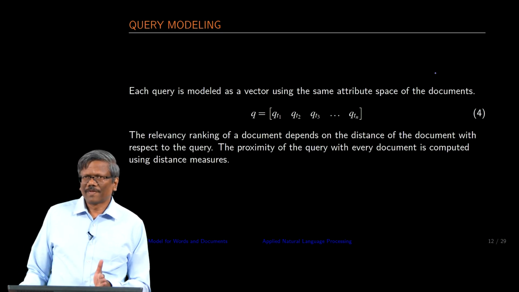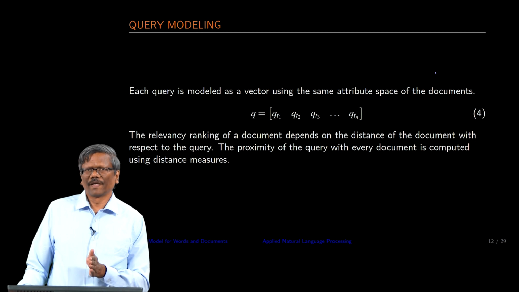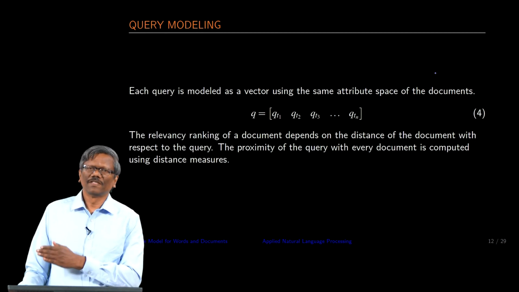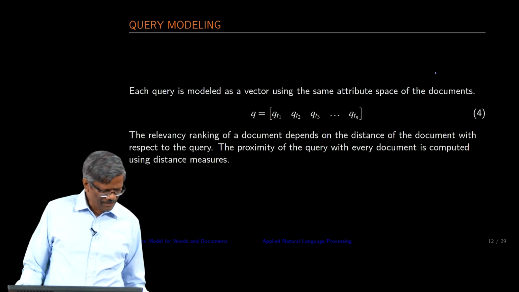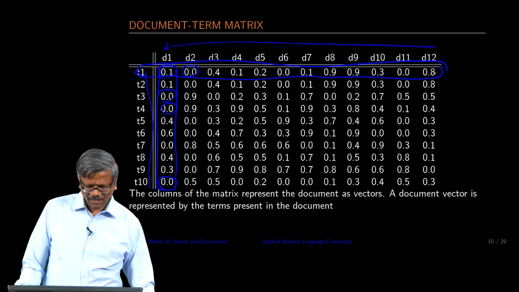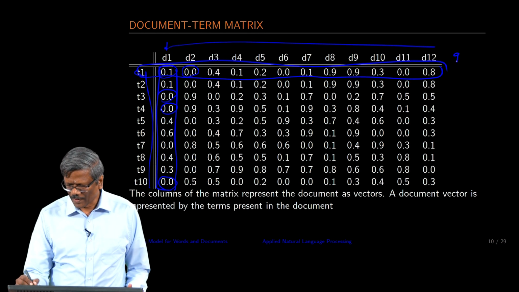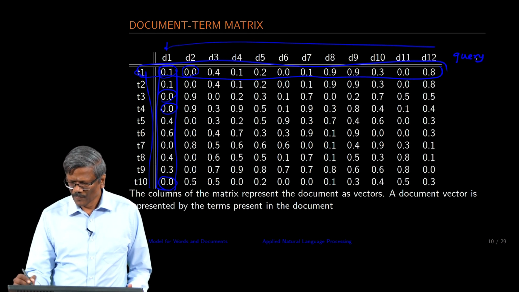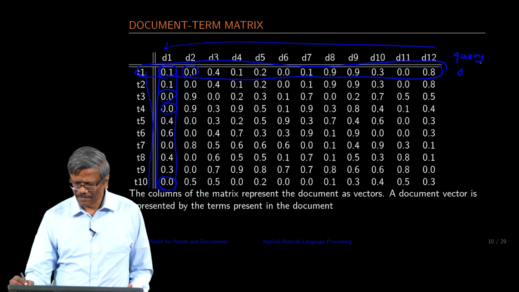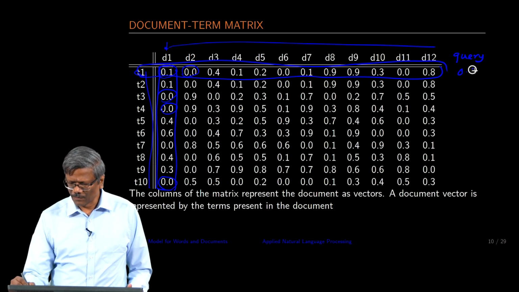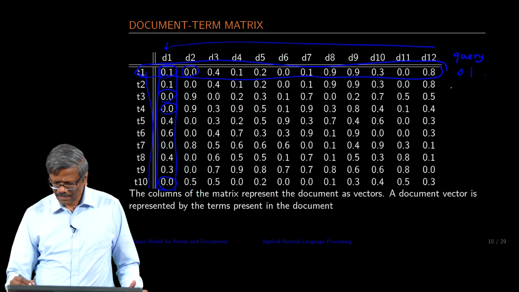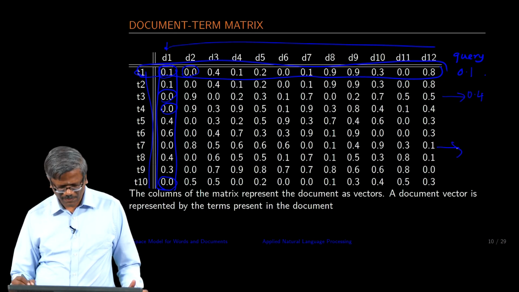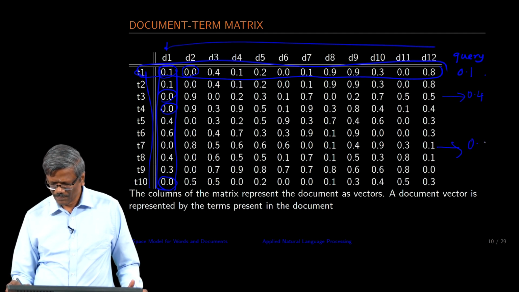When I represent a query, it is again going to be a composition of terms. So, you can consider that as a document which is very similar to this. I can write a query here, and my query can contain some values related to T1, some values related to T3, some value related to T7 and so on.